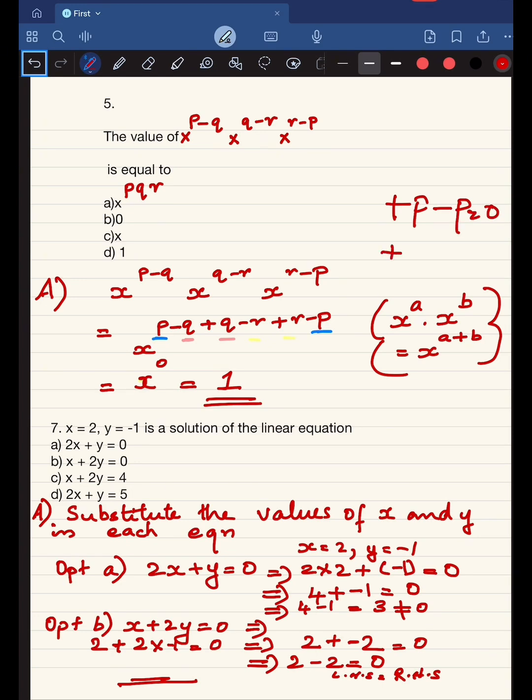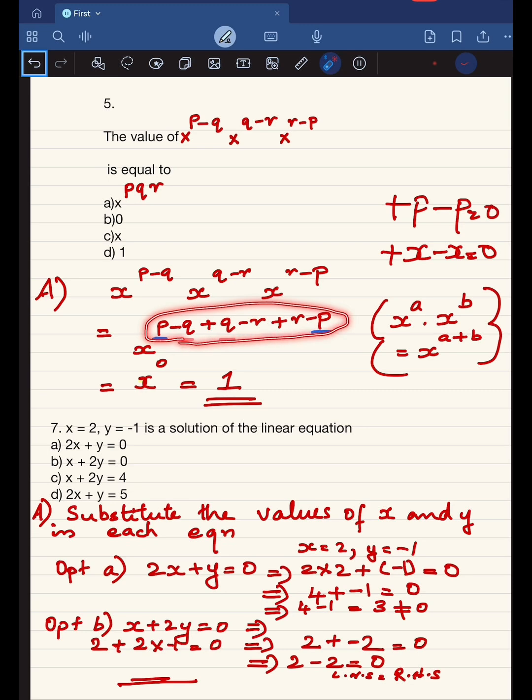If it is plus x minus x, it is equal to 0. So with this we can write: plus p minus p cancel, minus q plus q cancel, same value with opposite sign. Okay, then plus r minus r, that also is 0. So all these values are 0.